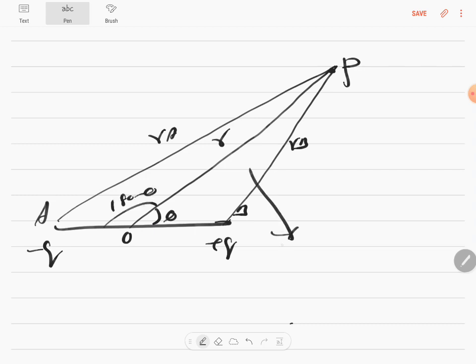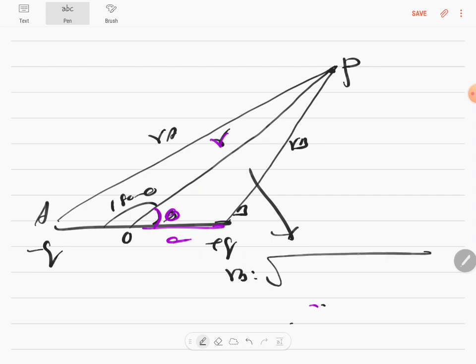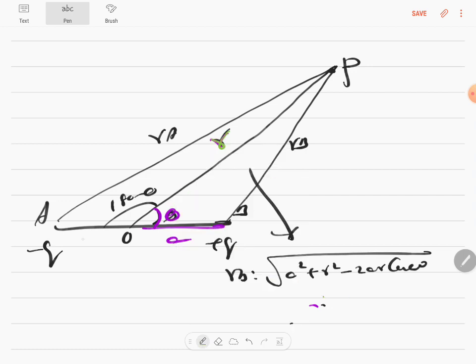We're going to use the law of cosines here. If you know this is A, this is R and this is theta, you can find the opposite side, which is RB, which is root of A square plus R square minus 2AR cos theta. If you take this triangle where you have an R and an A and you have 180 minus theta, you can find RA.